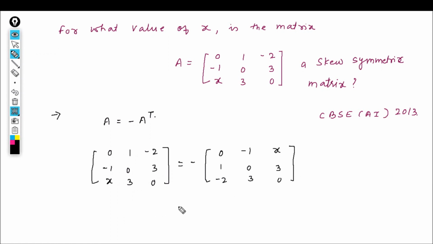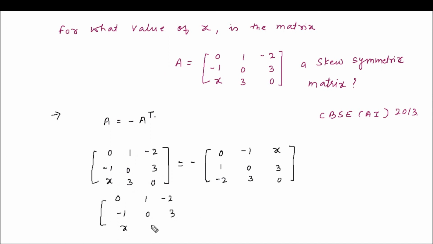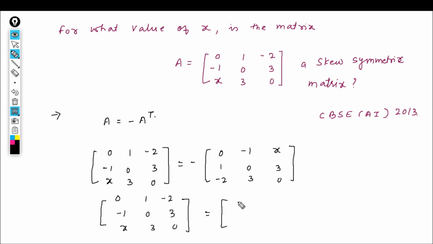तो if we equate these, अभी इक्वेट नहीं करना है बच्चों, ये माइनस से इसको अंदर मल्टीप्लाई करना पड़ेगा. तो 0 1 minus 2, minus 1 0 3, x 3 0. माइनस से मल्टीप्लाई करेंगे तो 0 -1 2, 1 0 -3, -x -3 0. ठीक है बच्चों.